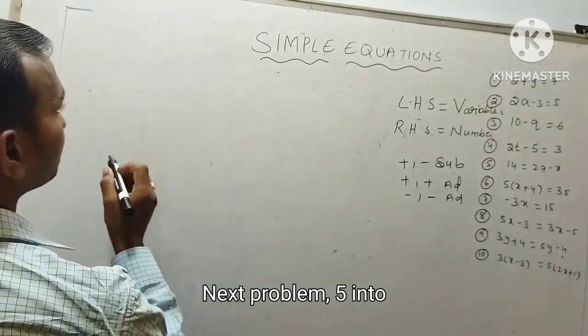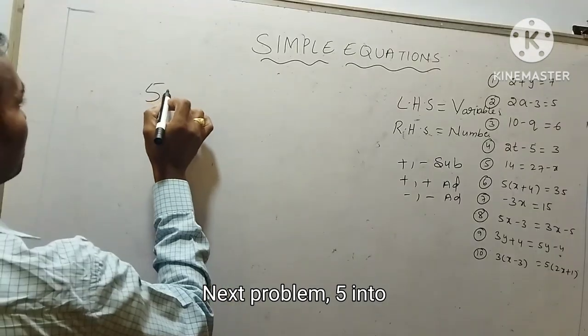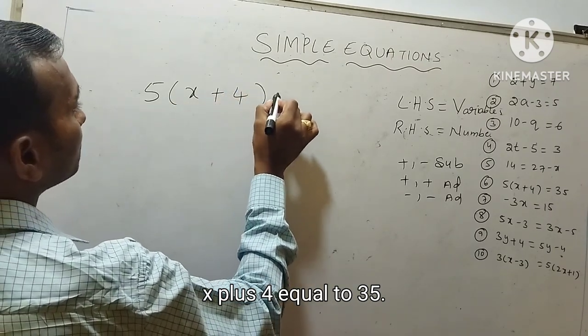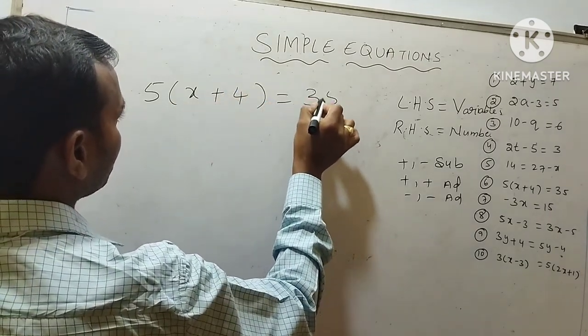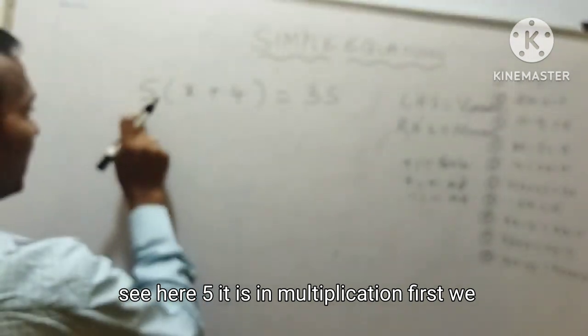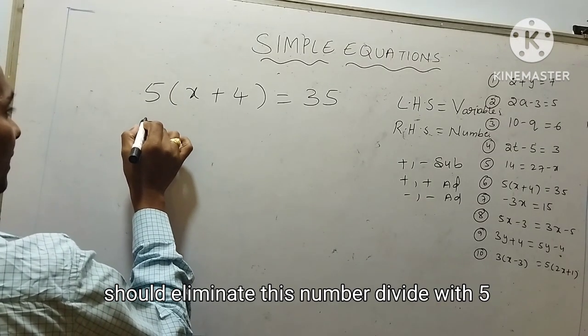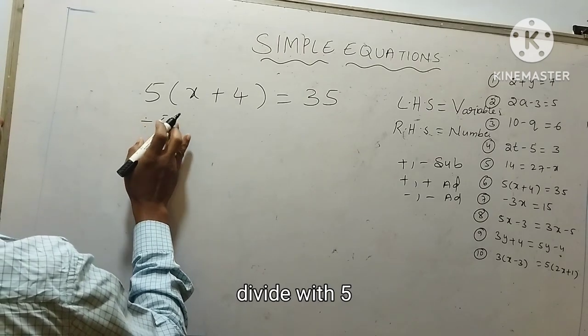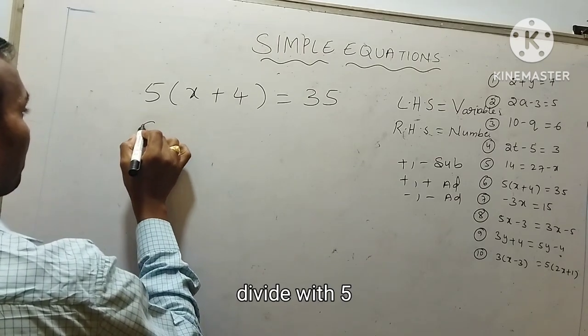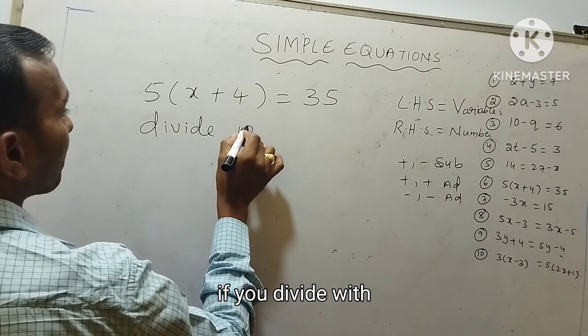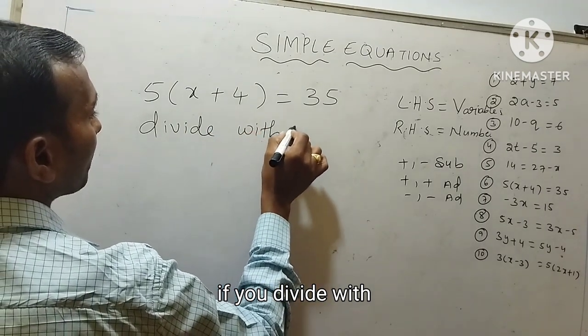Next problem. 5 into x plus 4 equal to 35. See here, 5 it is in multiplication. First we should eliminate this number. Divide with 5 on both sides.